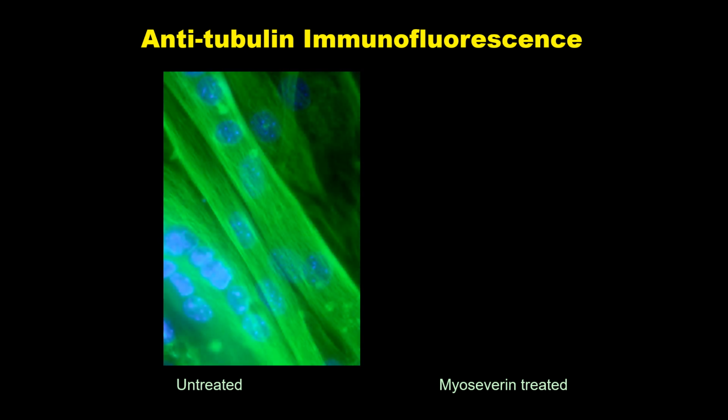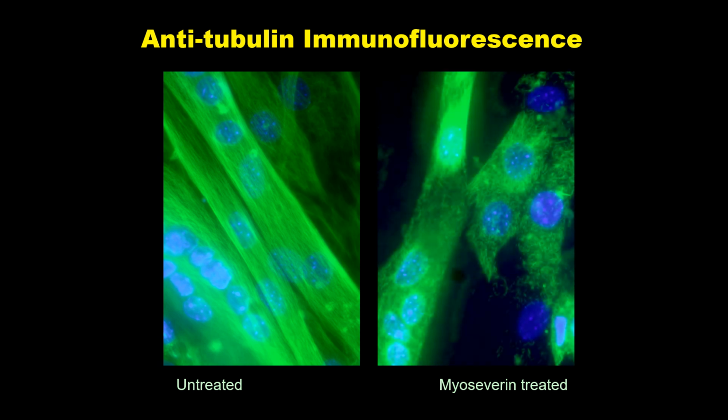For example, if you add anti-tubulin to the muscle cell, here you can see the blue color is the nucleus of the cell, and the green color is the microtubule structure. So muscle is a multicellular structure connected by microtubules. If a microtubule-acting compound, myosin, is added, then we can see those microtubule structures are fragmented.